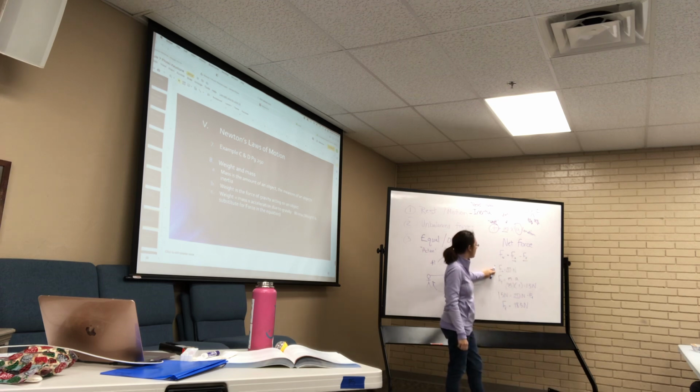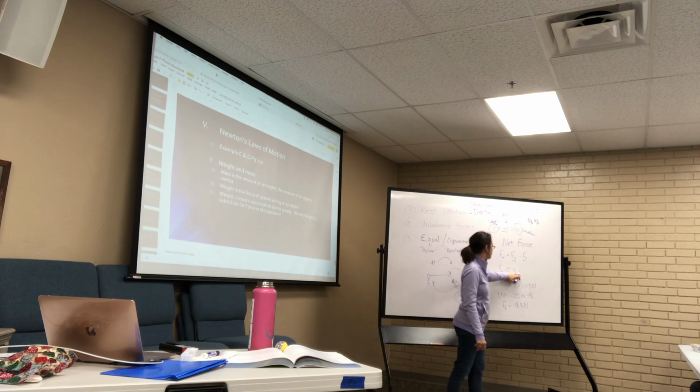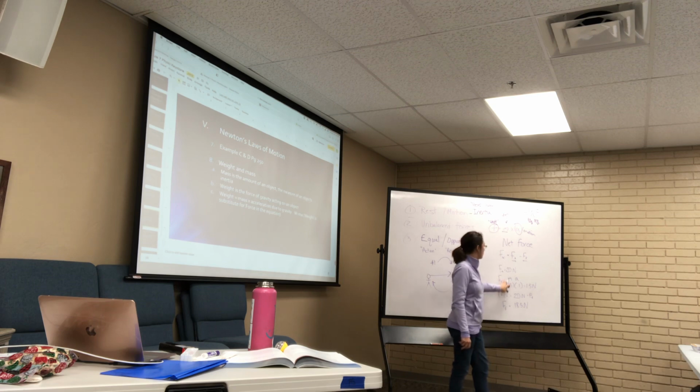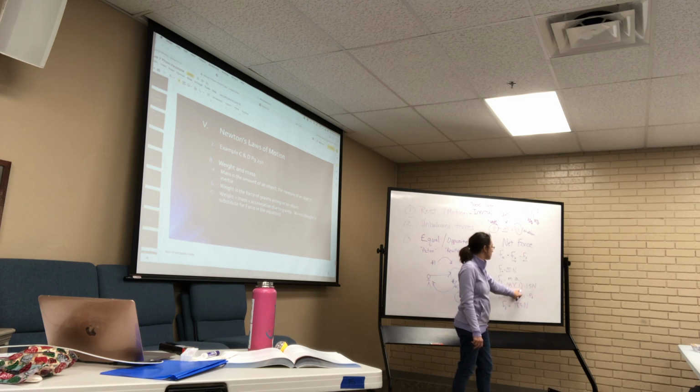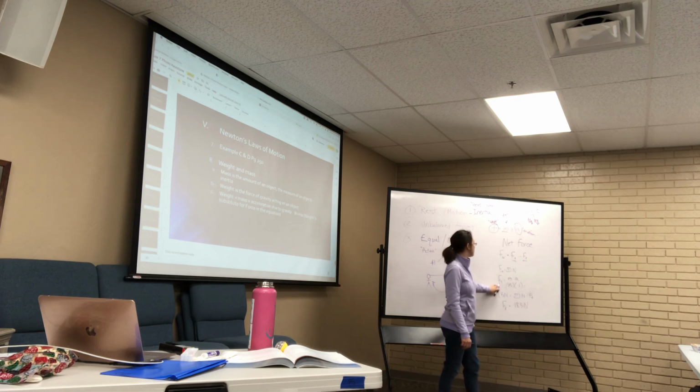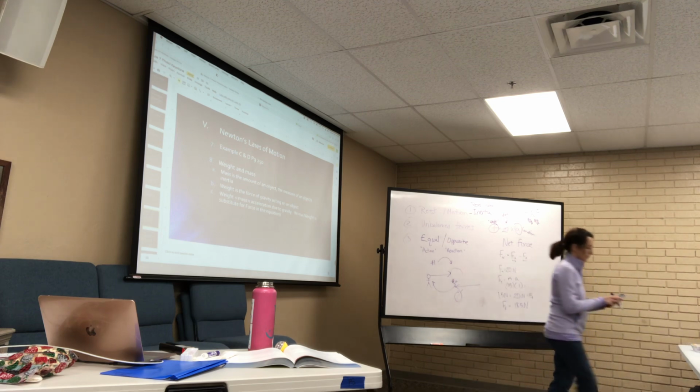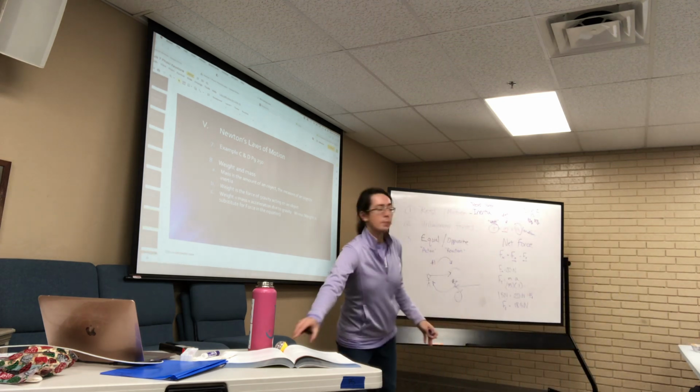So if I have an applied force of 20 newtons, okay? And I have an object with a mass of 15 kilograms, and my acceleration is 0.1 meters per second squared, initially, we would need to say, what is the total force?